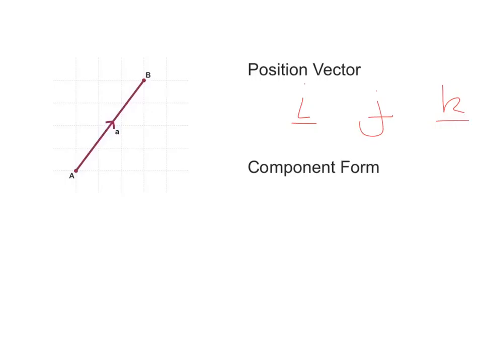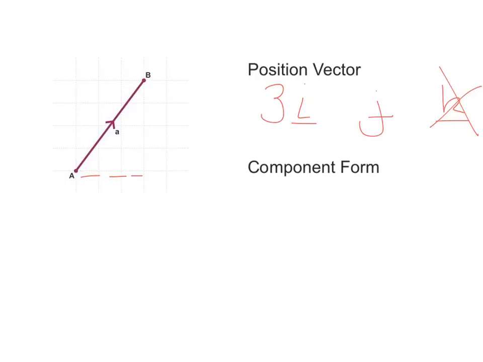Okay, and then if you take a look here, we just have to focus on i and j just now because we're focusing on 2D vectors. How you work out the number that goes with i is how far along in the typical x direction have you gone. And if we look, we've gone 1, 2, 3. So this would be 3i.